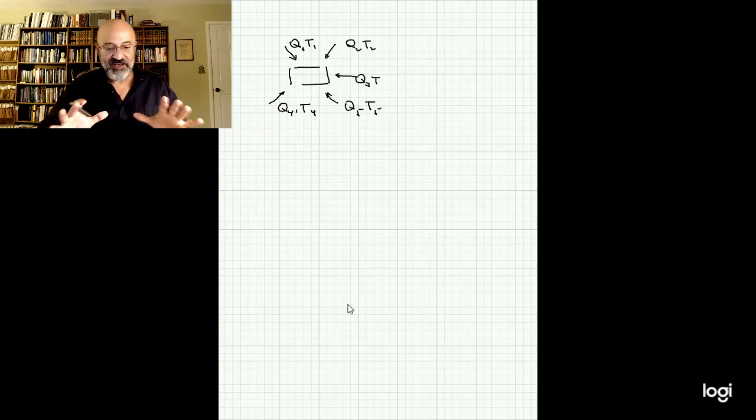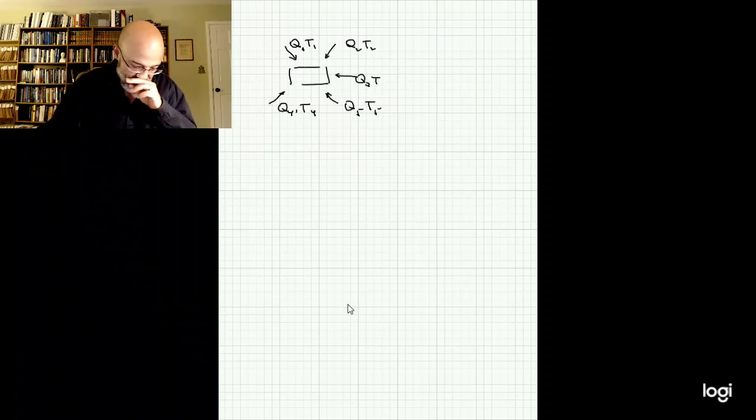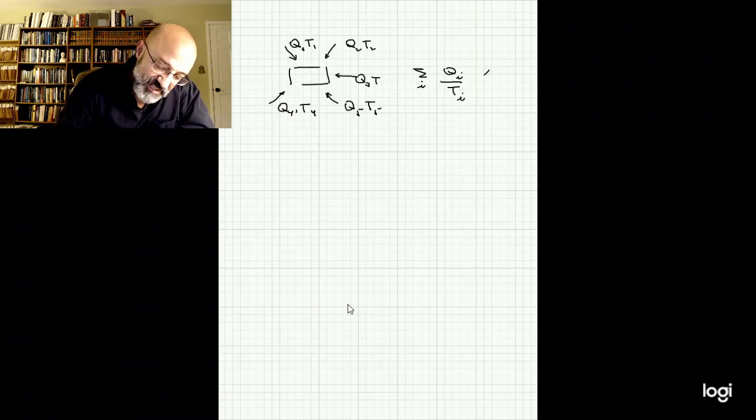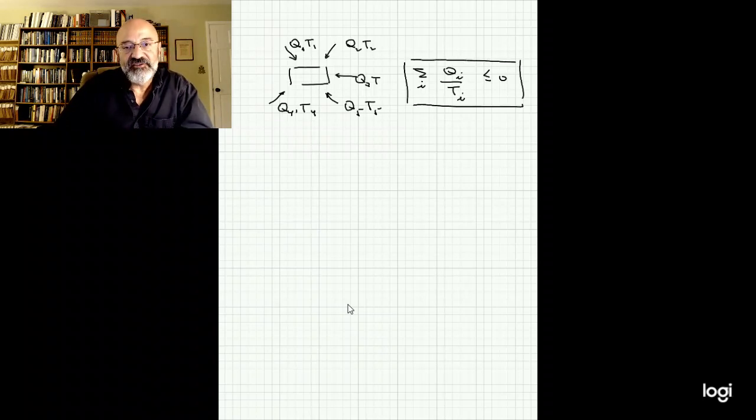You can have a much more complicated object, and under those circumstances, what you have is that the sum of all of these heats coming in at the temperature of the various reservoirs, this is going to be negative. So this is a generalization of Carnot's principle.